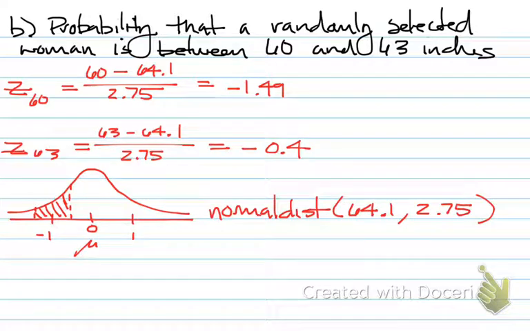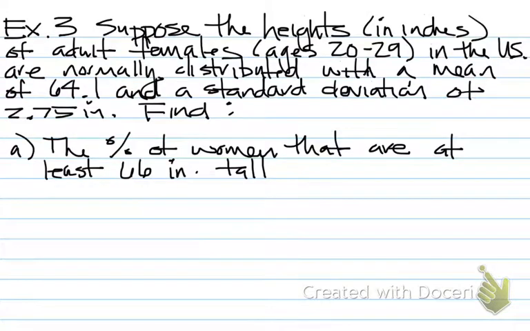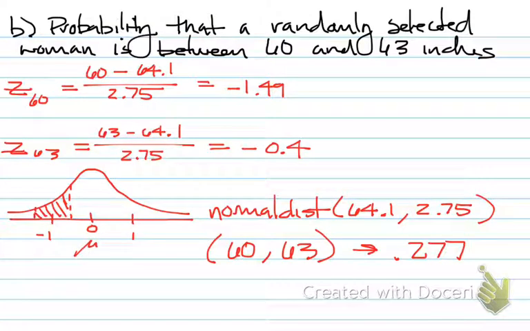And so we want to find that area under the curve using the Desmos calculator. Go to normal distribution, indicate the mean and the standard deviation, separated by a comma, and then the left and the right boundary. The left boundary for the area under the curve that we need to find is 60. The right boundary is 63. That brings back a probability of 0.277. Since we're asked to find the probability, we want to leave it as a decimal, to 3 decimal places.